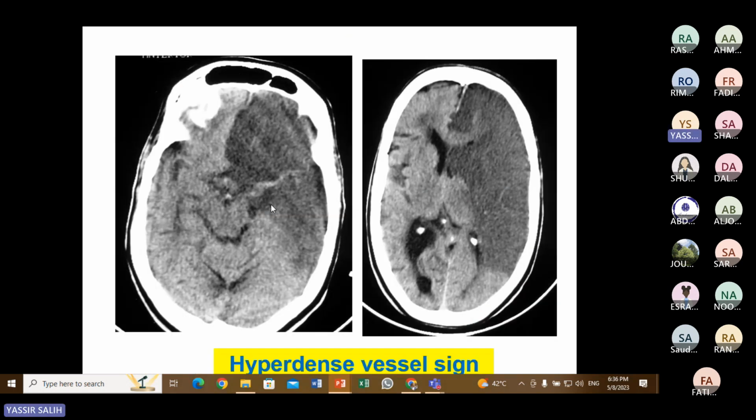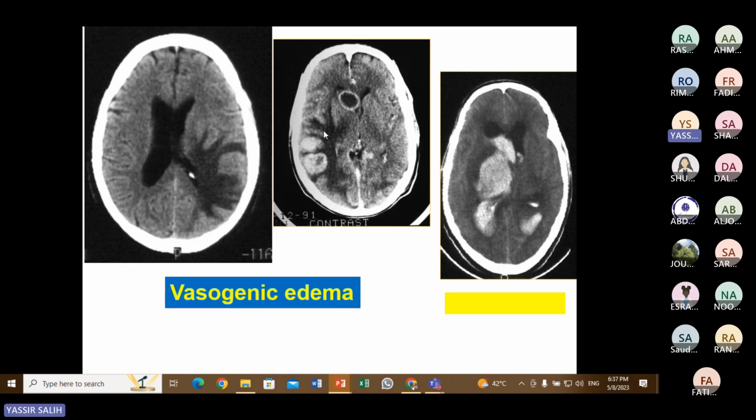What is this sign? Hyperdense. Yes, this is the sign of acute infarction. And what is the edema here? What did I call this edema? This is a lesion, a tumor or lesion.